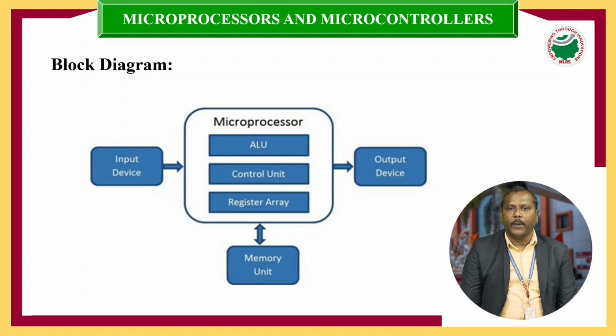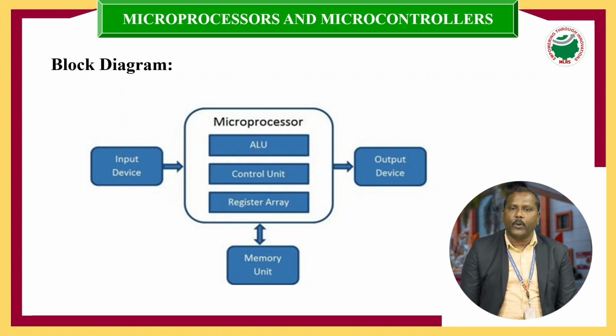So the main components present in microprocessor are ALU, control unit, register array. ALU stands for arithmetic and logical unit. In the name itself, arithmetic and logical operations, it is used to perform both arithmetic and logical operations.